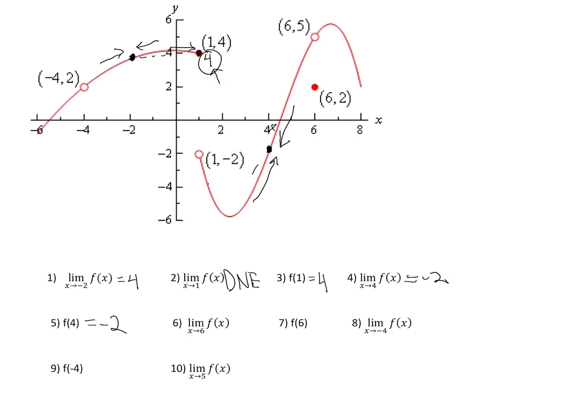Limit as x approaches 6 of f of x. So let me erase this. So x approaches 6. There is a hole and a point, but it's the limit, so when x is approaching 6, from the left side you're using this, and it's approaching 6 from here.